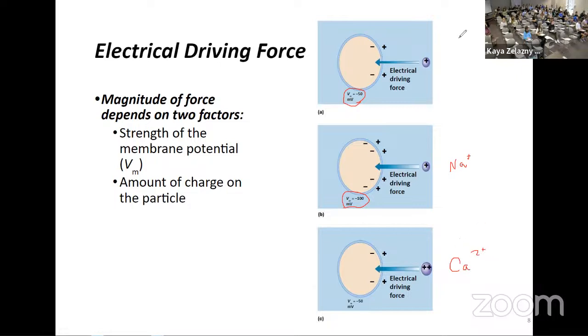So that amount of charge on the particle, that valence, just 1+ or 2+, also makes a difference. A stronger force can also be created by an ion with a greater charge on it.